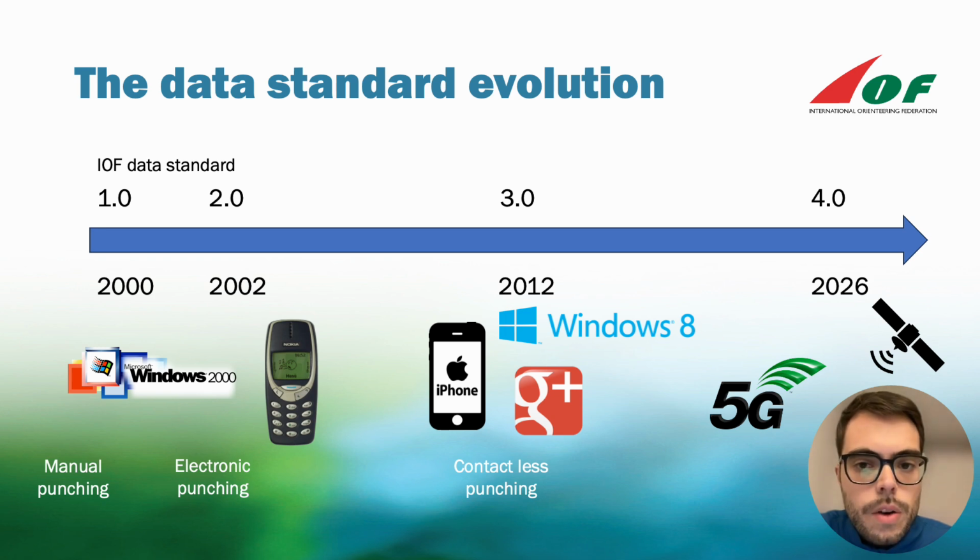Today at events, we no longer print results. Everyone checks them from their smartphones. The technology landscape has changed, and our universal translator was designed in 2012. It's not broken. It works brilliantly for what it was built to do. But the orienteering world has grown, and now it's time to update the standard to match.